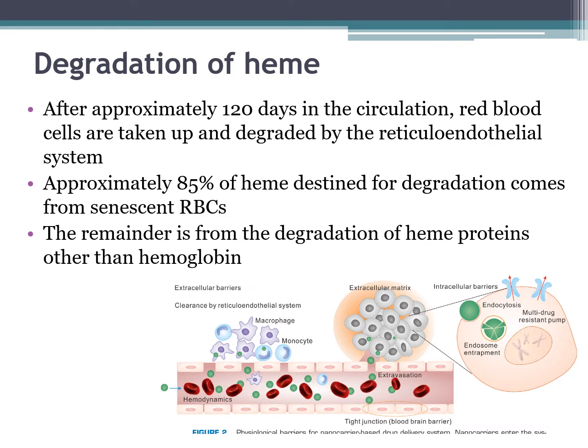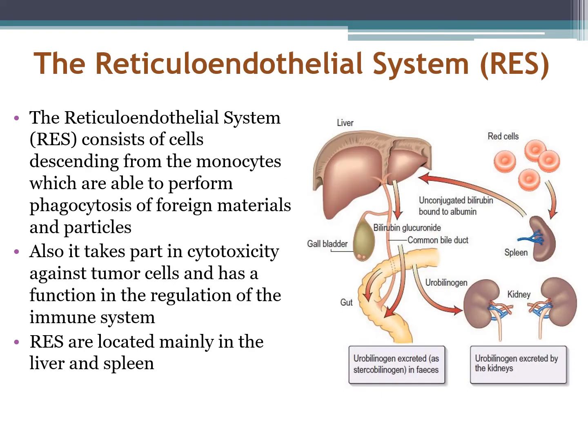Now there is a system called the reticuloendothelial system, in which there are macrophages, dendritic cells, and B cells, which are very important in our immune system. They are basically called antigen presenting cells.